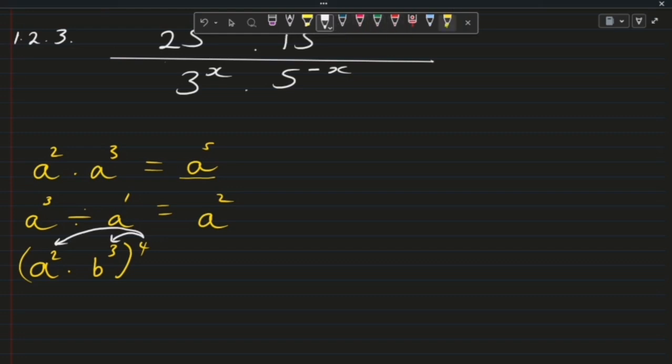So with that being said, this can be simplified to a to the power of 2 times 4. Where does the 4 come from? It comes from the outside. And then b to the power of 3 times 4. And then this can be simplified, and we can say that a to the power of 8 times b to the power of 12.